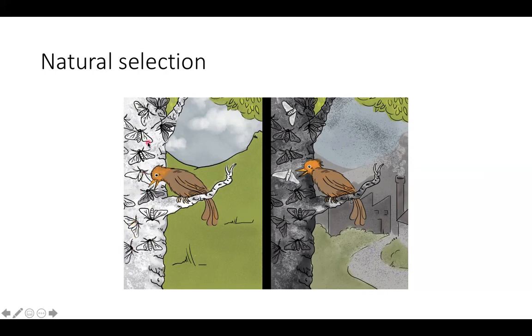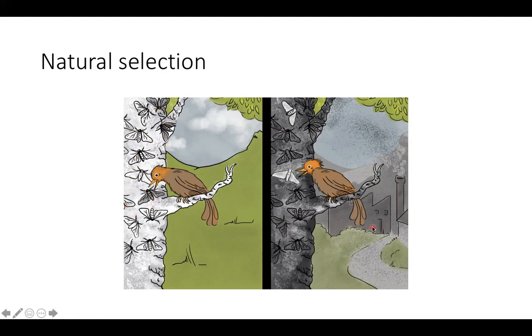So the allele for the white-winged moth would be passed down to offspring, so that over generations, most of the moths would have the white-winged allele. But of course, these black-winged alleles were still present in the population. Remembering, you have two alleles, so you will be able to carry alleles for different colours.